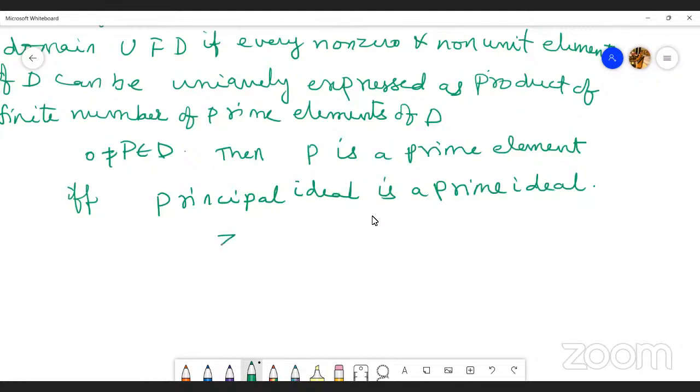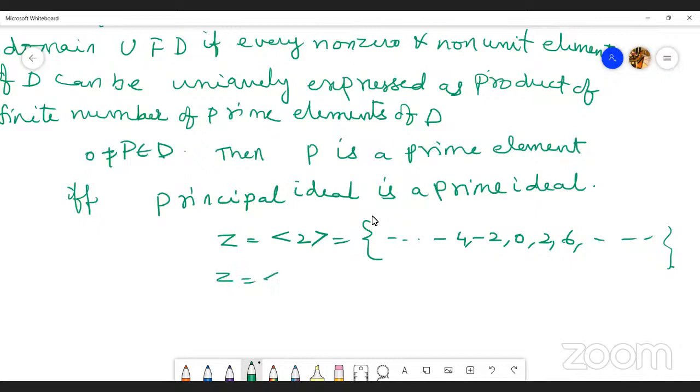Suppose you take Z, and take 2. What is the ideal generated by 2? We take -4, -2, 0, 2, which contains all multiples of 2. It is a principal ideal generated by 2 only.